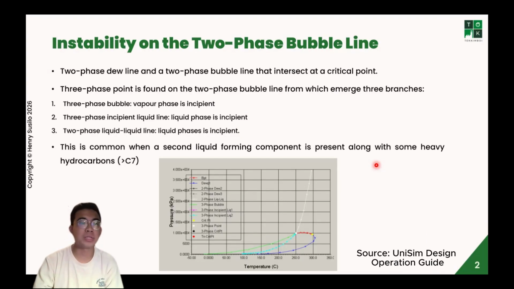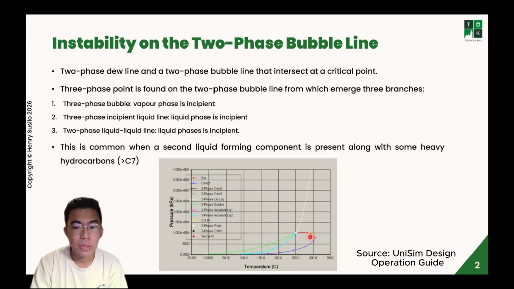Okay, so the first one is instability on the two-phase bubble line. As you can see here, the two-phase dew line, which is shown in the blue line, intersects with the bubble line, and this is the critical point. And at the left side of the bubble, there are three branches. The first one is the three-phase bubble line, shown as the green line.